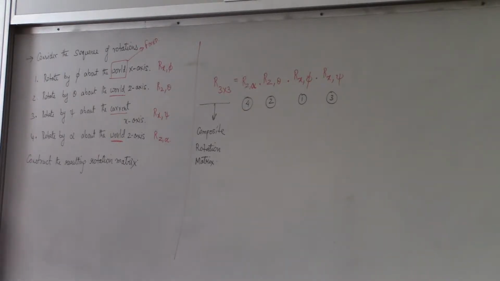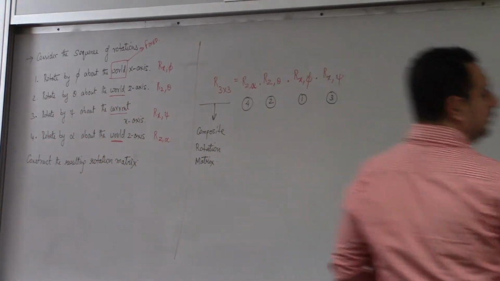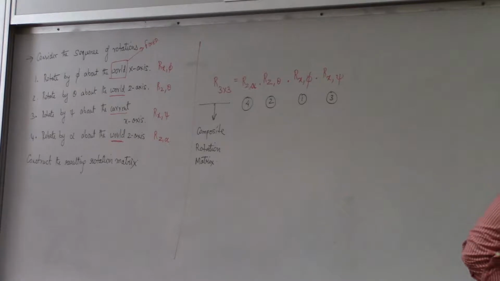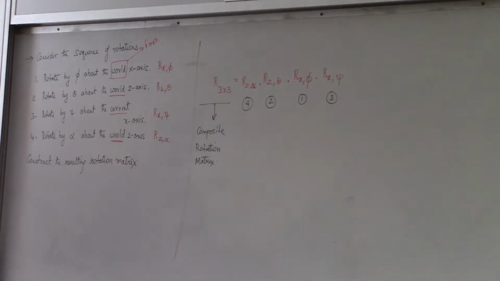So we'll come back to this, or you will be using this when we do the 4x4 homogeneous transform. Let's go to doing inverse Euler, and then we can move on to the 4x4.